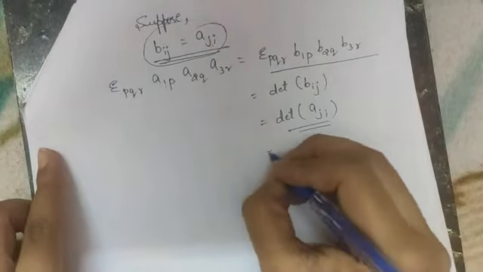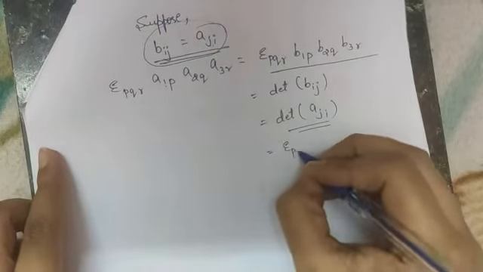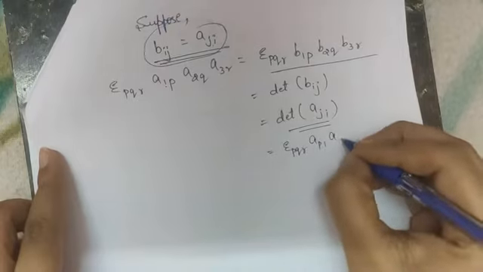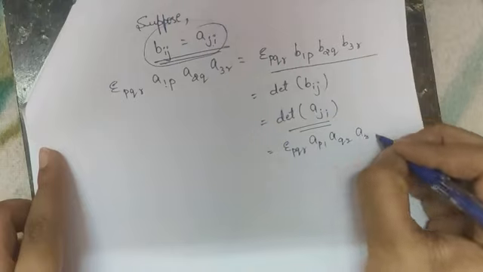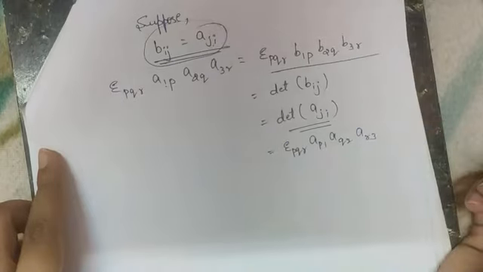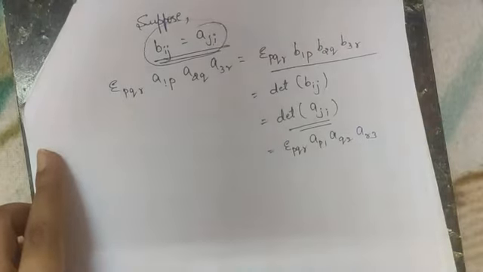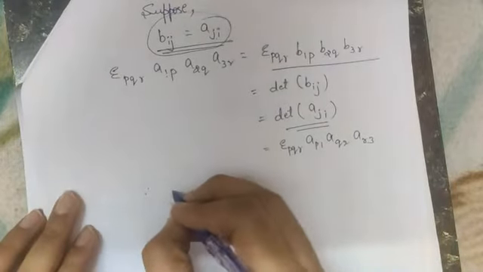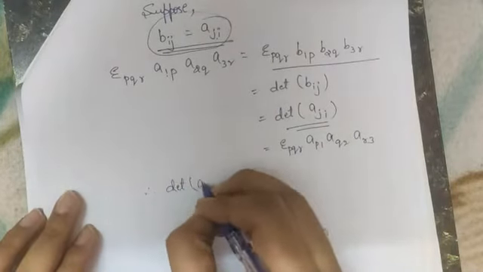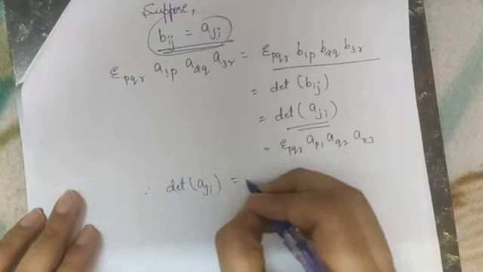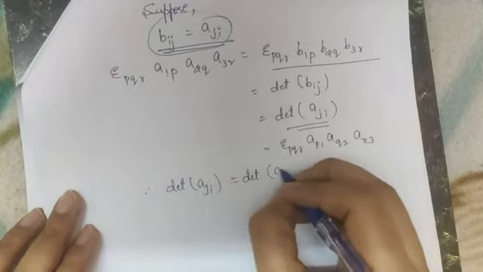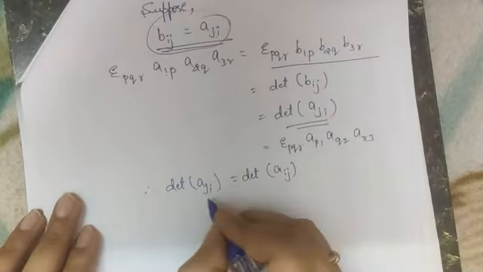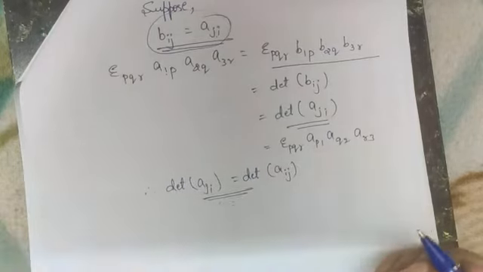This is nothing but epsilon PQR AP1 AQ2 AR3, isn't it? That means the determinant of Aji is equal to the determinant of Aij. So this is how we prove this identity.